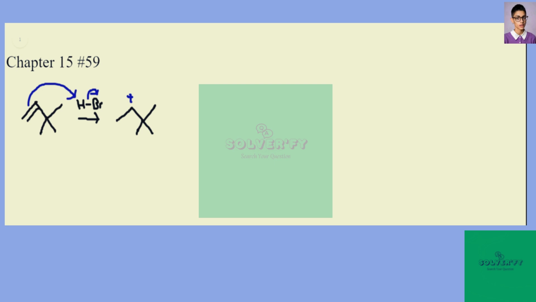And what's going to happen here is we will get a 1,2 methyl shift, to get this intermediate.